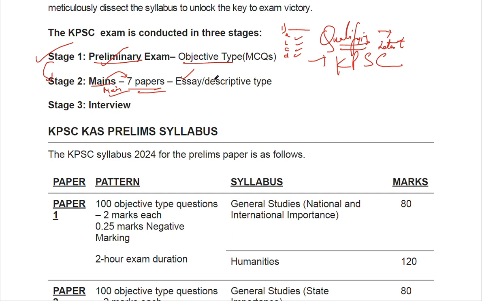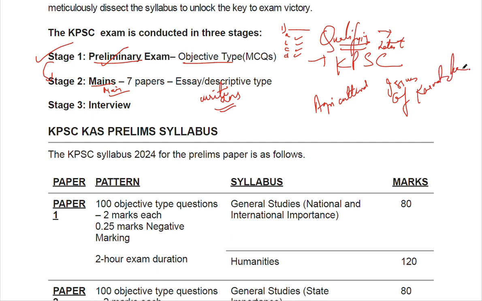Essay, descriptive type. Now what is descriptive type? Descriptive is where you have to write the answer. Suppose I give you: write about the agricultural issues of Karnataka.